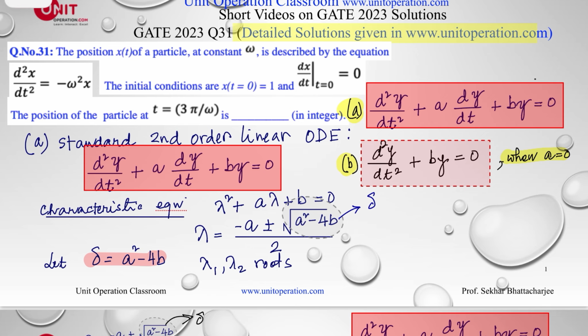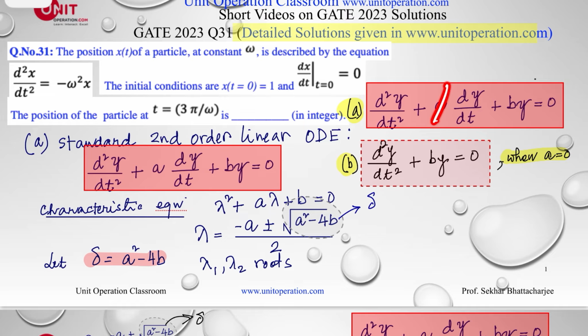This is to find the solution of this equation. We'll discuss it a little bit. The standard second order linear ODE, ordinary differential equation, is given by this one, where a and b are constant coefficients. First we'll see the solutions under different conditions for this one, and then we'll look into the special condition when a is equal to 0.